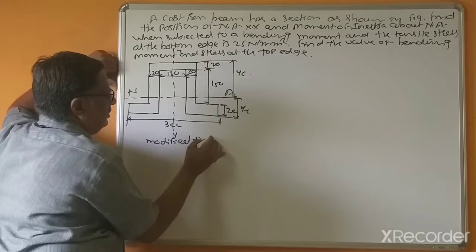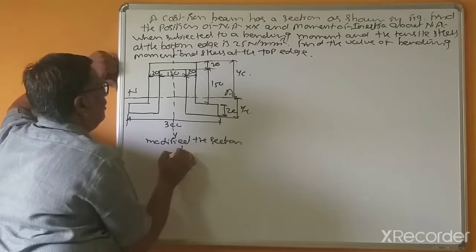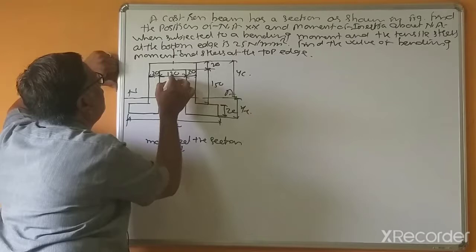So for simplicity of the calculation, we can modify the section. So this is 20, 120, 20.